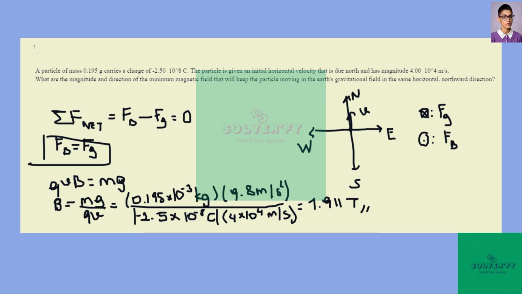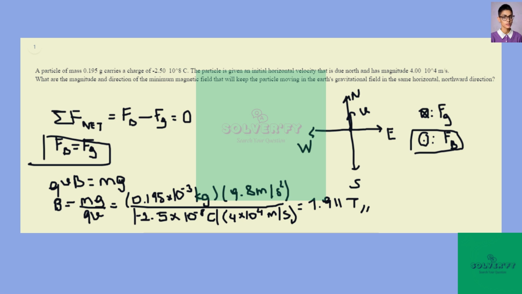Now, this is the magnitude, but we also need to find the direction of the magnetic field B. In order to do that, we're going to revisit. We said that the magnetic force should be out of the page, so it's towards us, towards the screen.